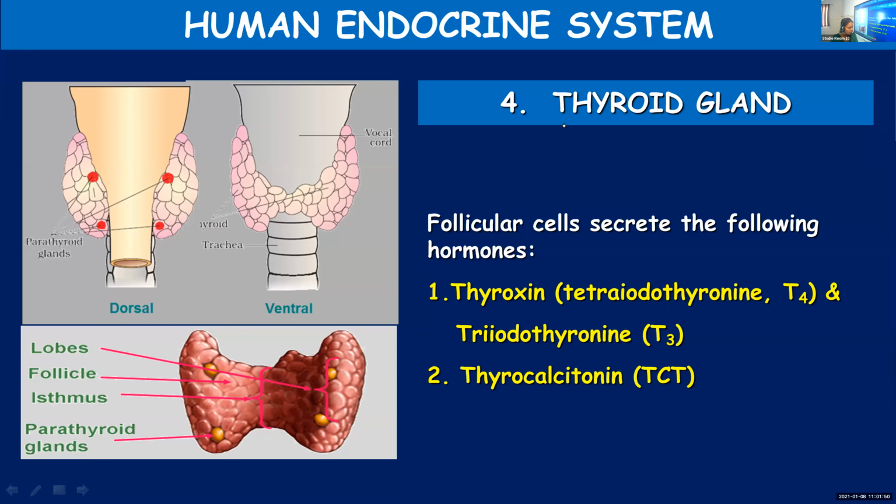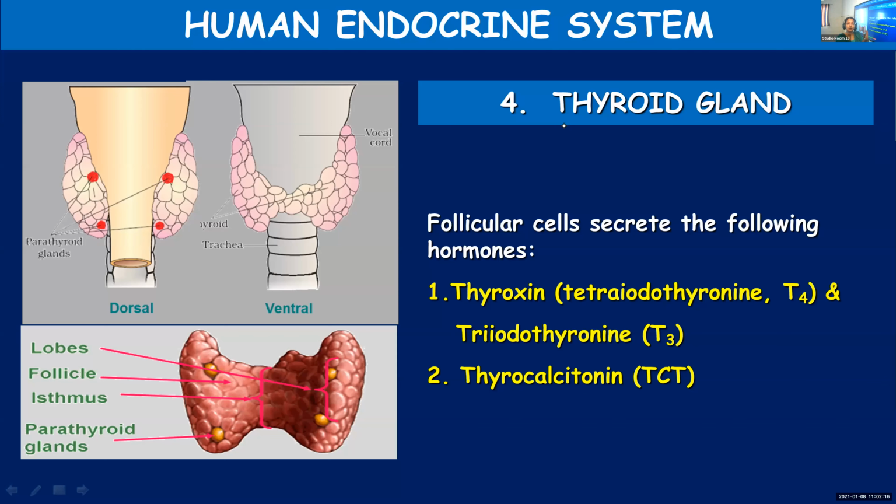From the names of these hormones, you might have understood why iodine is essential: iodo indicates iodine, as in tetraiodothyronine and triiodothyronine.